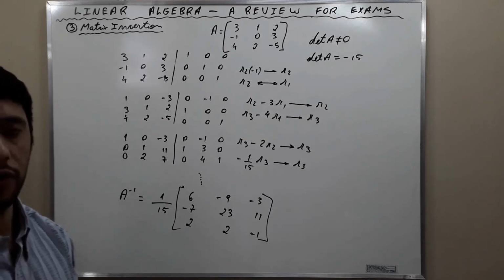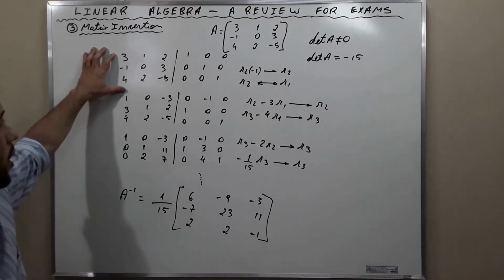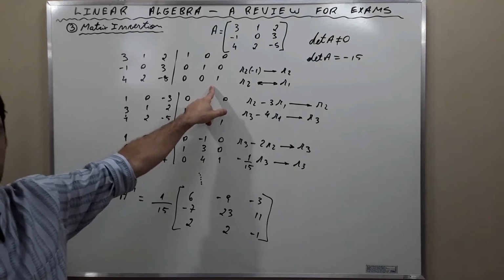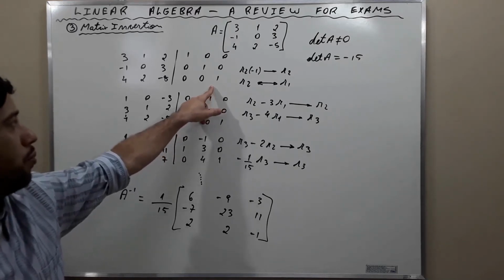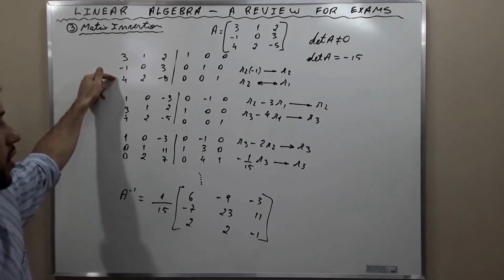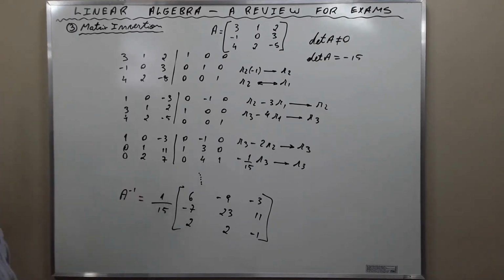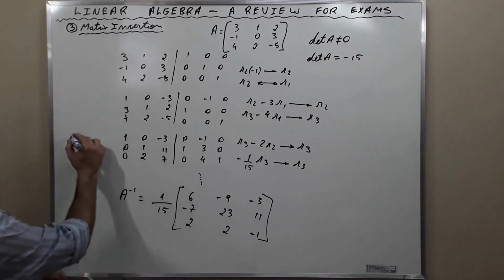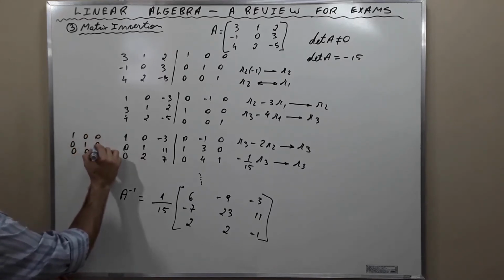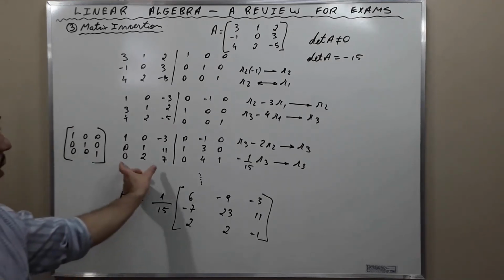Provided that the matrix is invertible, we are going to put it in this form here, with the identity matrix at the right side, and we are going to operate on the rows of the original matrix until we make the identity matrix 1, 0, 0, 0, 1, 0, and 0, 0, 1 appear here.